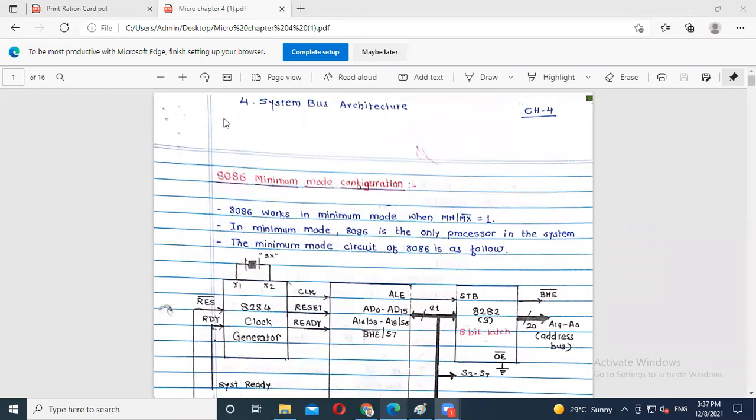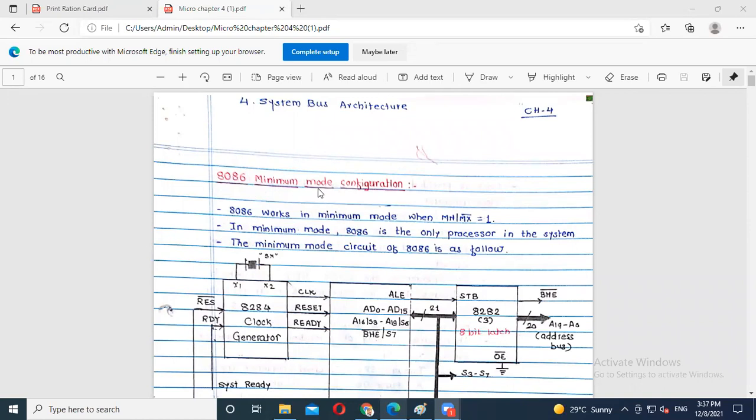So your entire fourth unit, that is system bus architecture, includes only two main topics. One is the 8086 minimum mode configuration and the other is the 8086 maximum mode configuration.